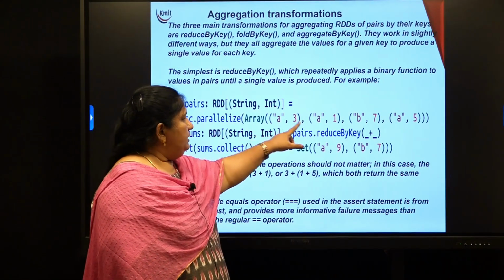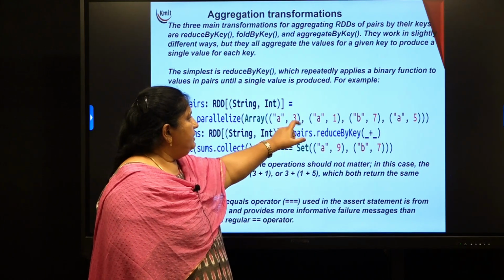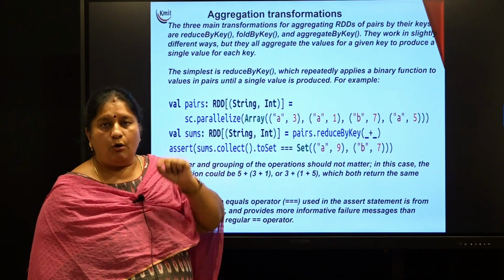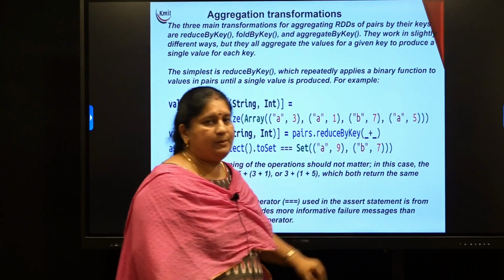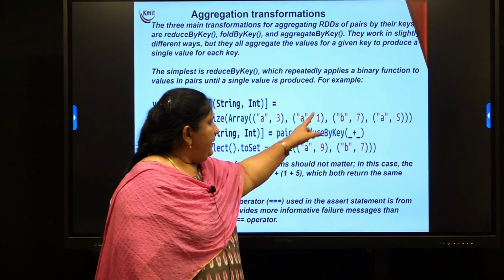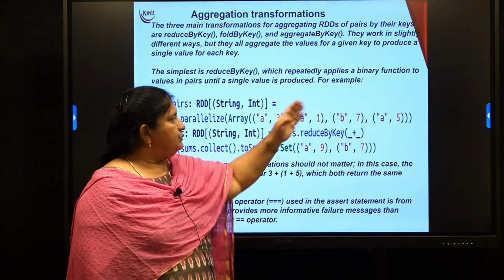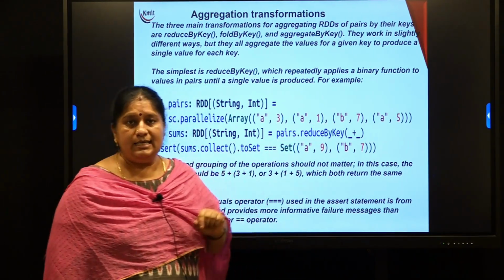Just to see how the operation is executed. What are the key values? What is the function you are calling? reduceByKey. Wherever the key value is matching, it will do the operation specified on the values. What is the operation we have specified? Sum it up, right? So, for these three pairs, the key value is A. What is the sum of those values? 3 plus 1 plus 5, 9 is the value.